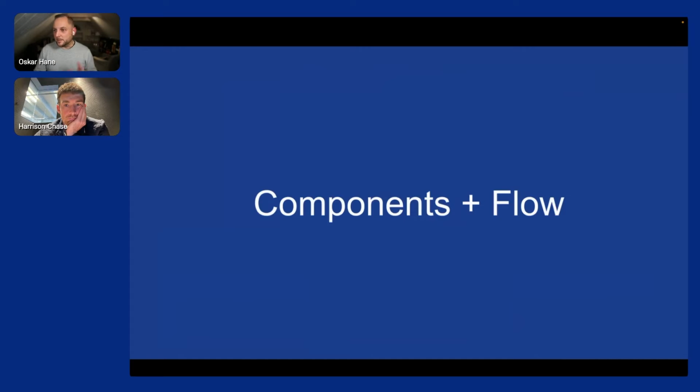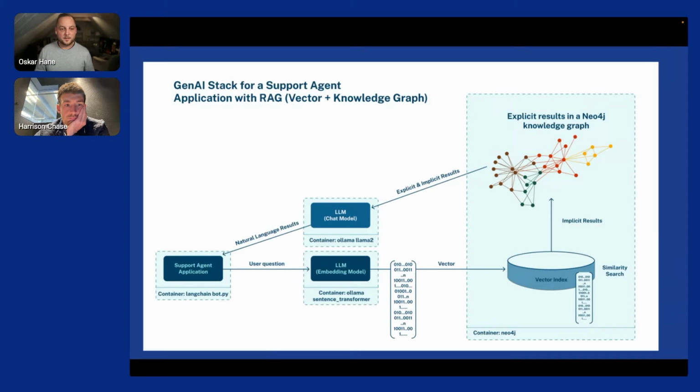Let's look at the components of one of those applications. Let's take the chatbot, the support agent chatbot one. So we have a container, bot.py, where the user gets a user interface and asks a question. That question is fed to the embedding model, which generates a vector embedding that captures the essence of what that question really asks.